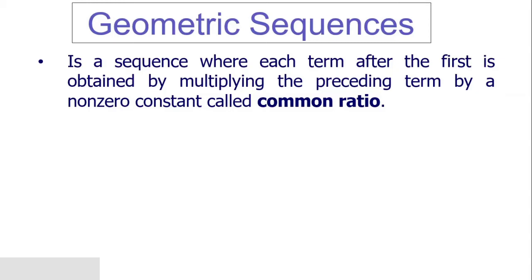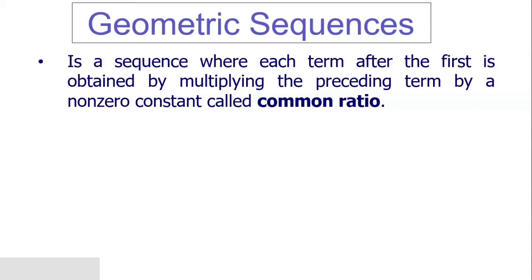We define geometric sequence as a sequence where each term after the first is obtained by multiplying the preceding term by a non-zero constant called common ratio. In symbol, common ratio is R. We have to keep in mind that the common ratio is what makes geometric sequence unique from other types of sequences like arithmetic sequence.